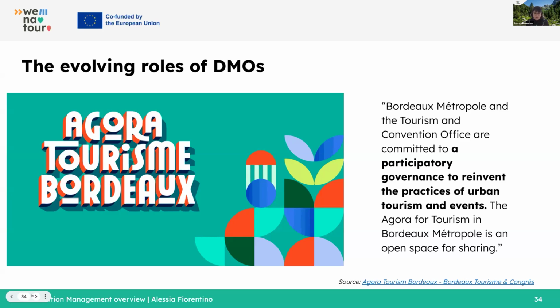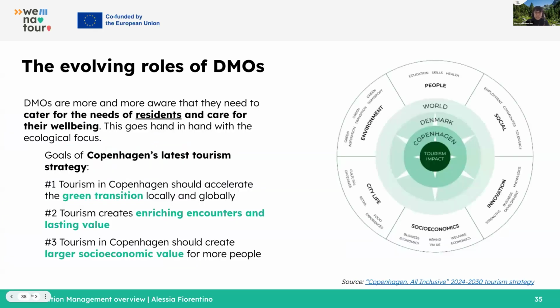And then they developed a roadmap, made of 32 actions, around 30 actions, with objectives, indicators, timetable, who is responsible, etc. And these actions then are part of the metropolitan tourism strategy. So again, how do we use stakeholder engagement to build a destination strategy? Next, please.